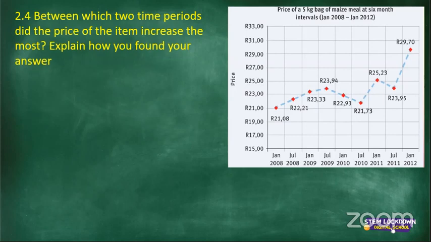Keyword being the most. It increased at most times here, but at which place did it increase the most? We can see here, ne? From July 2011 up to Jan 2012. That's where the most increase was observed.